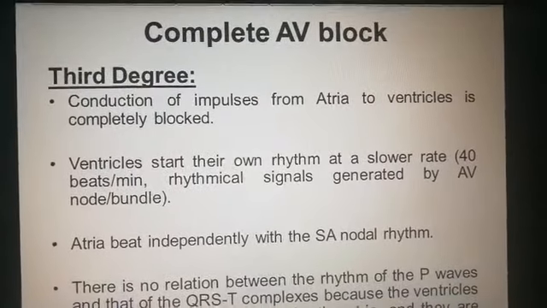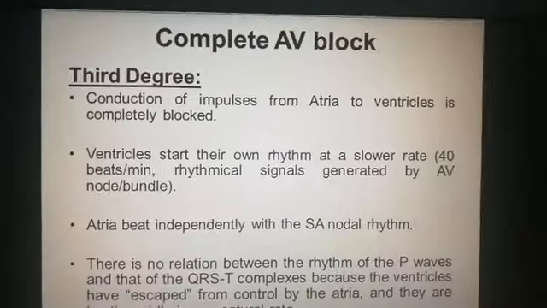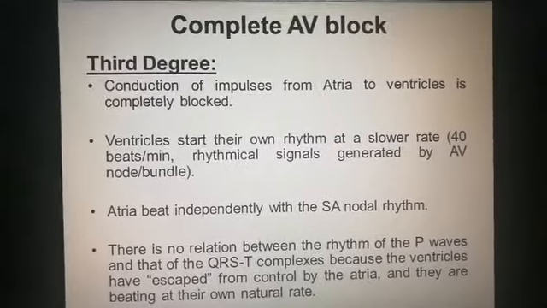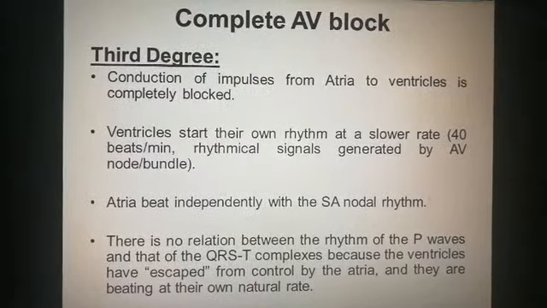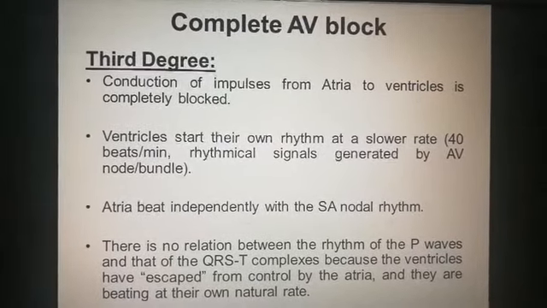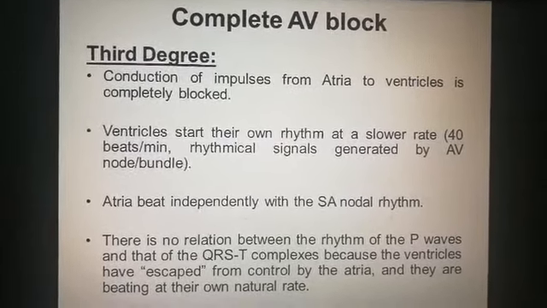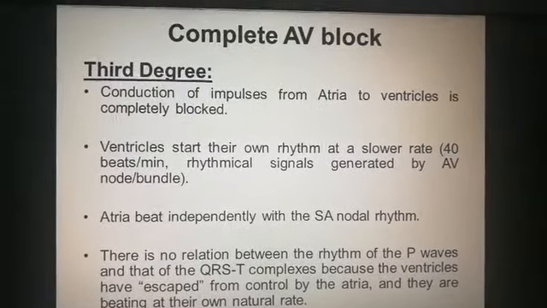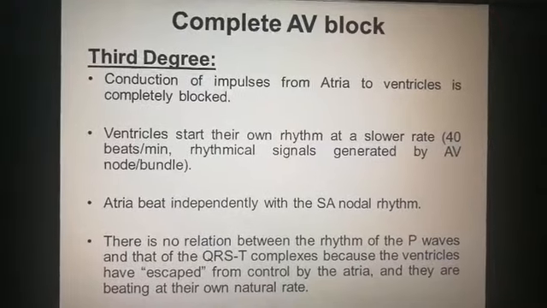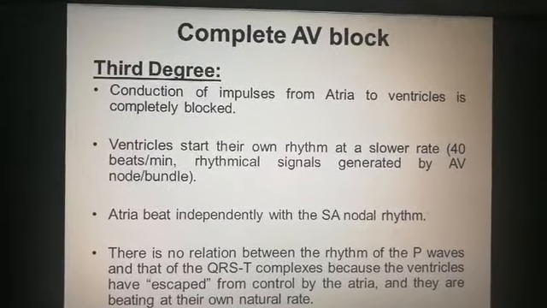Today we continue our topic on heart blocks. As you have studied, there is the sinoatrial block and then the AV block, and AV block is of two types, incomplete and complete. Now this is the complete AV block.